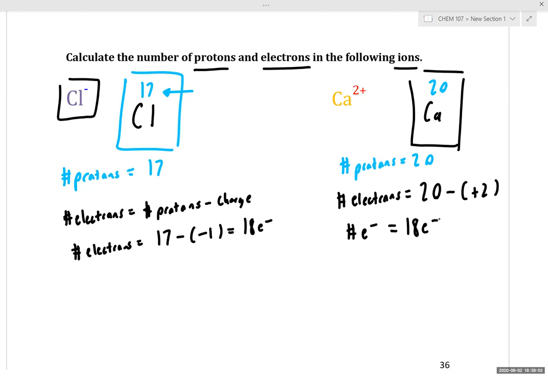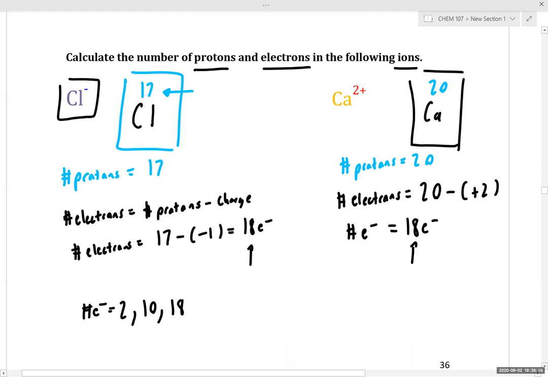So you may just want to take a note on this 18 electron idea. 2, 10, 18. We're going to come back to this later on. The number of electrons for ions will usually fall in this pattern.